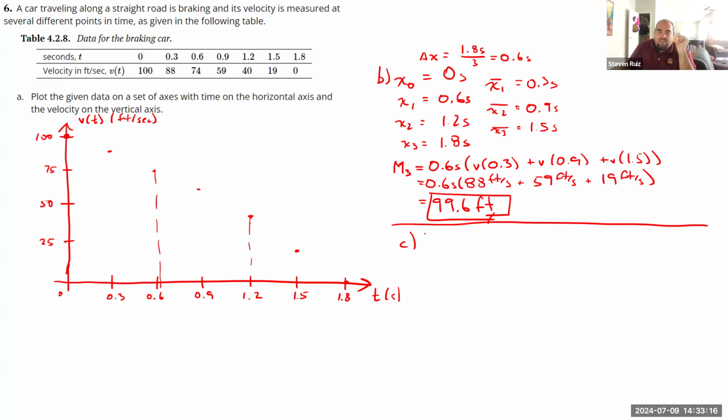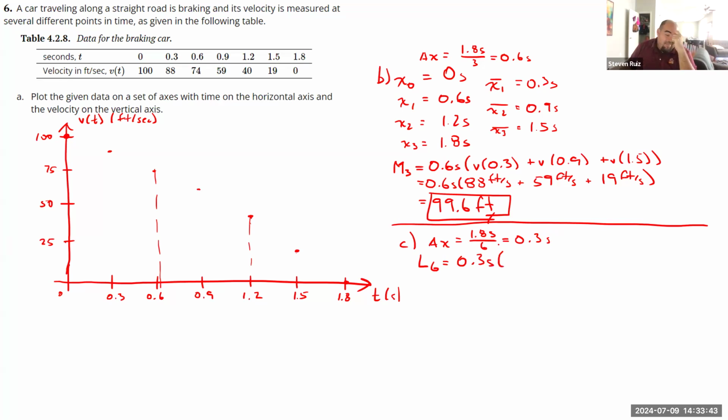So how are we going to do that using the left sum? If we're going to do a left sum with 6 intervals, we probably need a new delta x. So that'll be 1.8 seconds over 6 subdivisions, so that'll be 0.3 seconds. So L6 is going to be equal to 0.3 seconds.